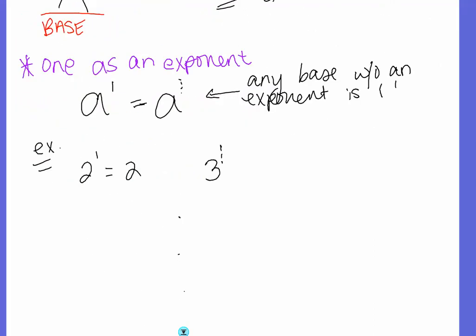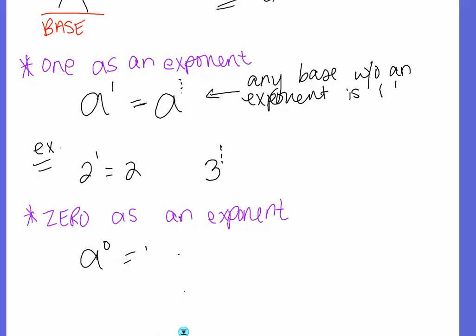The second rule, 0 as an exponent. This one really is everybody's favorite, because if I have a letter or a number, and we'll call it base a, and I raise it to the 0 power, that always equals 1. So anything to the 0 power is 1.